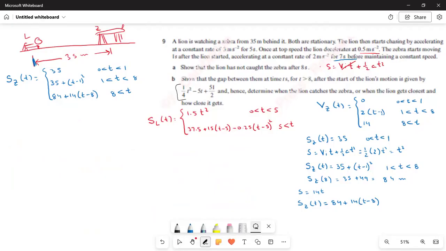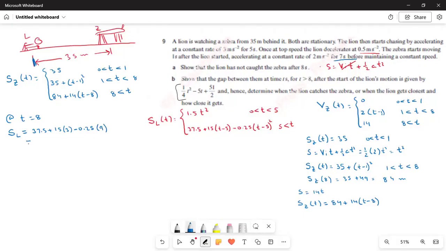So at t equal to 8, the distance of the lion is going to be 37.5 plus 15 times 8 minus 5, which is 3, and minus 0.25 times 3 squared, which is 9.